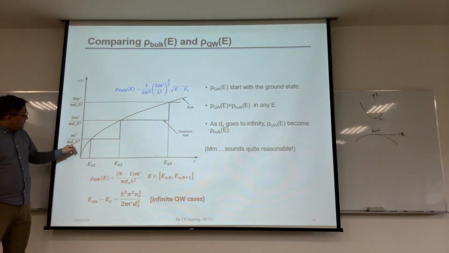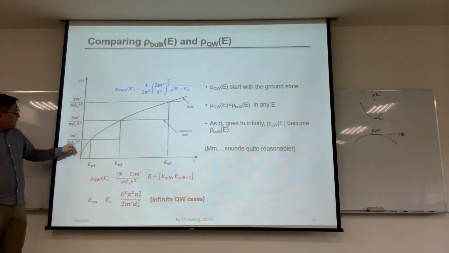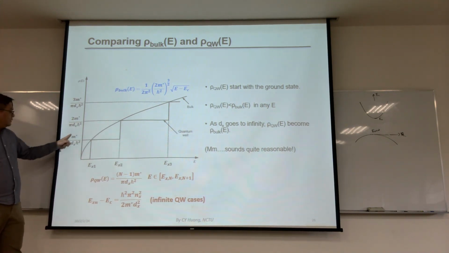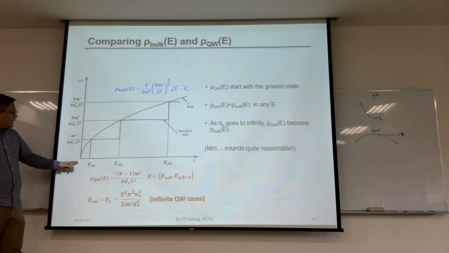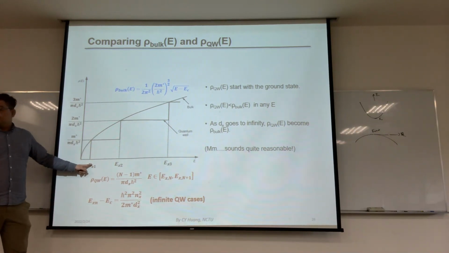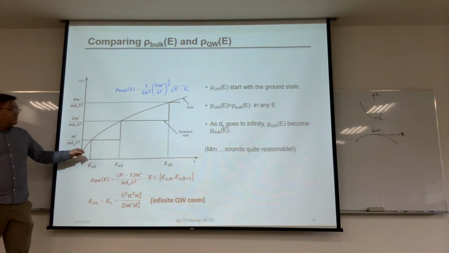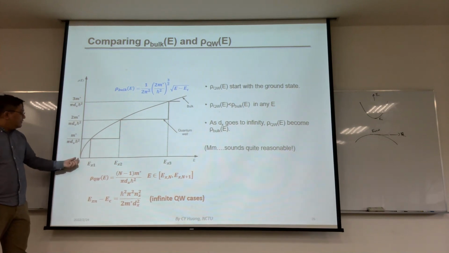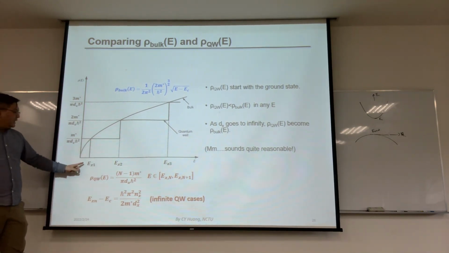You see, this level, if d is very large, this level will be small. The first level will be small, but EX1 is also small. So if the well becomes very wide, it will be something like that.